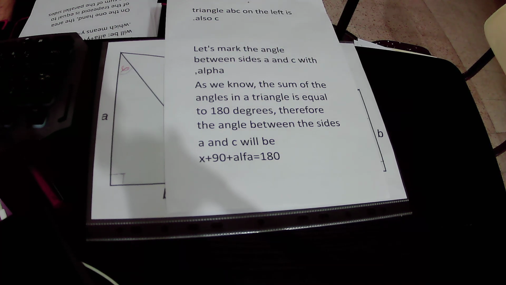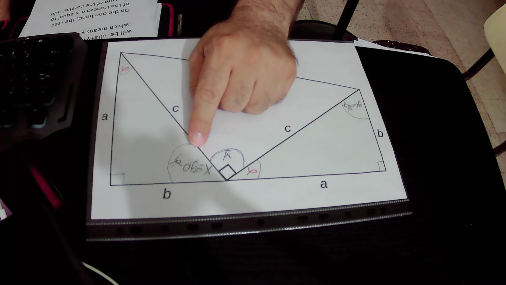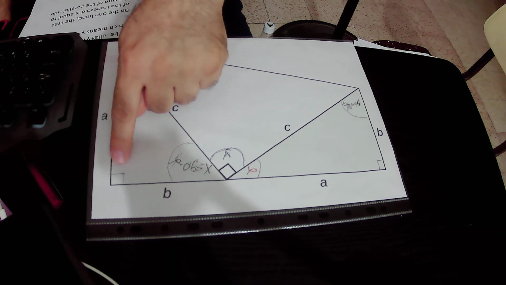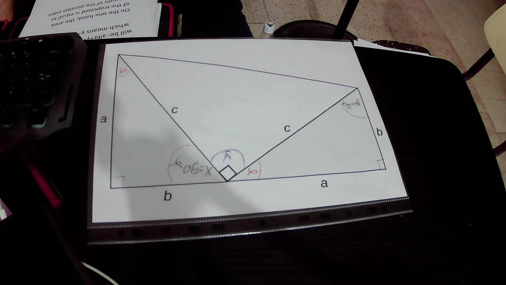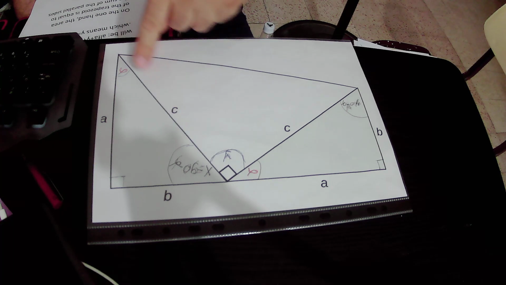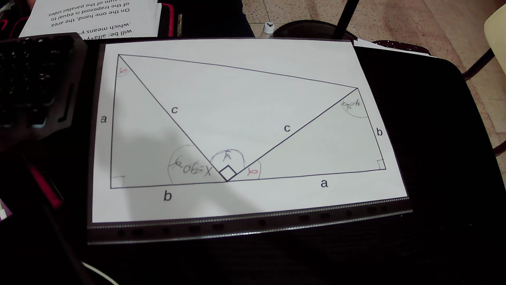Okay, x equals 90 minus alpha. So the angle x is equal to 90 minus alpha. This is alpha and this is 90 degrees. In total, of course, 90 minus alpha plus 90 is equal to 180 degrees.